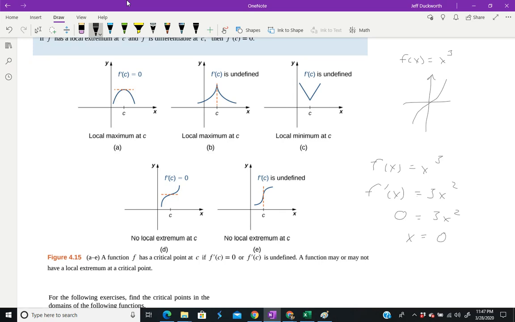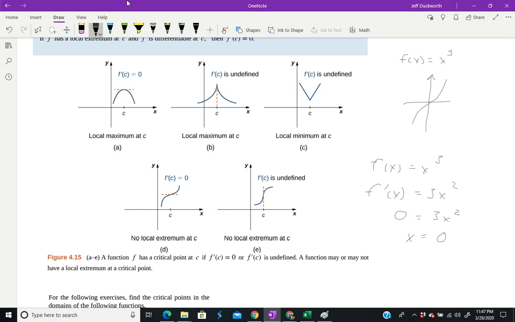So this is a critical point, but it's not a max or min. The other type of critical point is called a point of inflection, which is the change in concavity from concave down to concave up.